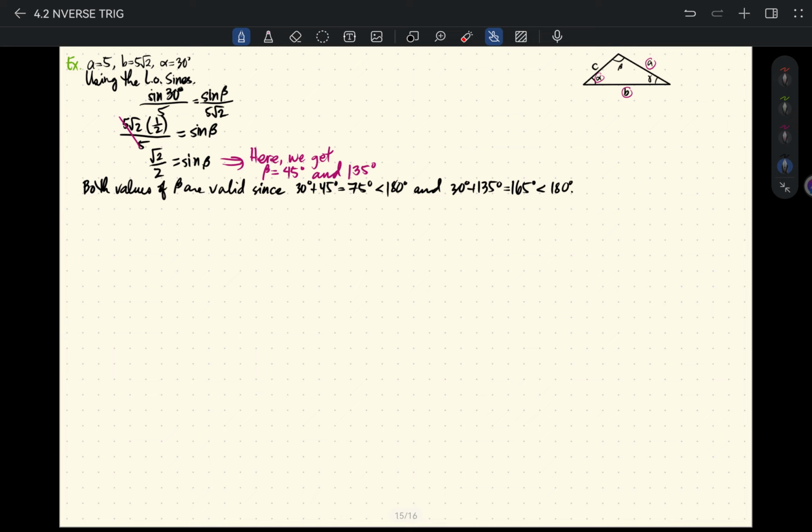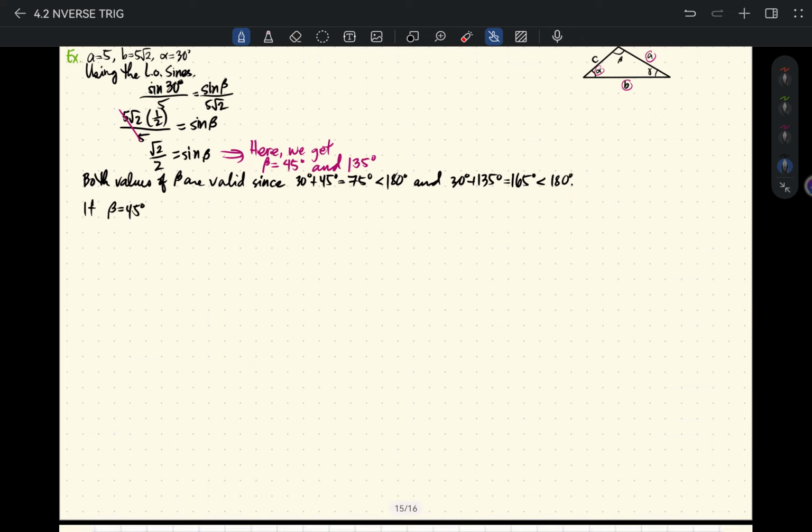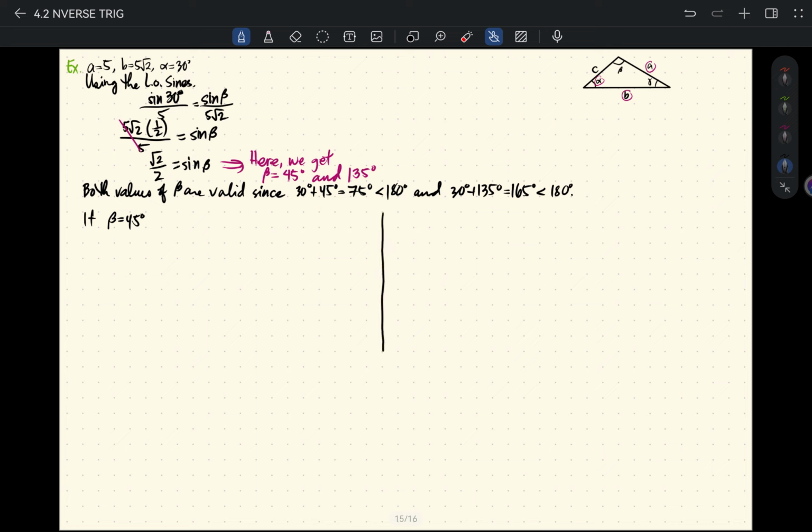So far, we don't have any problems as for the existence of the solution. So now, we divide our solution into two. First is if beta equals 45 degrees, and the second one is if beta equals 135 degrees.